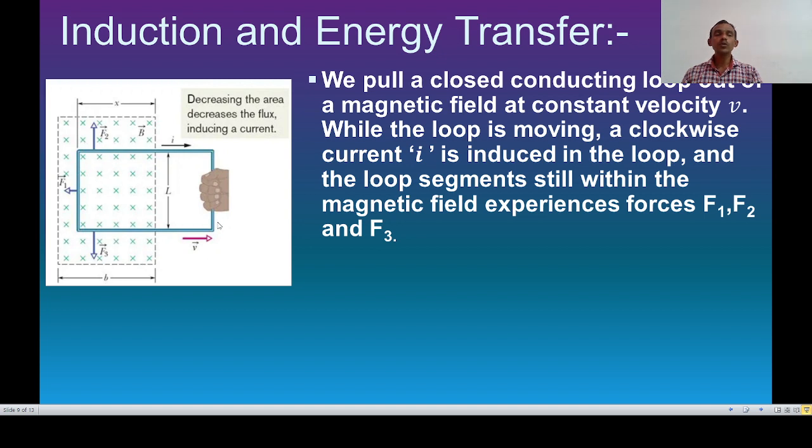While this loop is moving towards the right, the effective area inside the magnetic field goes on decreasing, that is, due to the decrease in x.